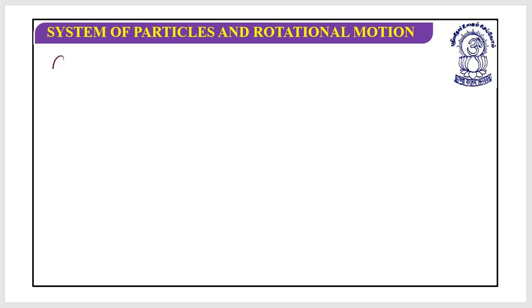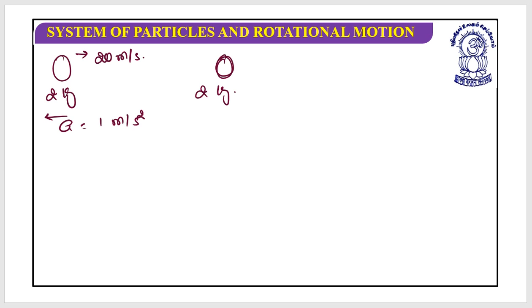The 2 kg object is moving with 20 meter per second, with retarding acceleration in this direction of 1 meter per second square. Another object, having a mass of 2 kg, is moving in this direction with a speed of 40 meter per second, and the retarding acceleration is 2 meter per second square.